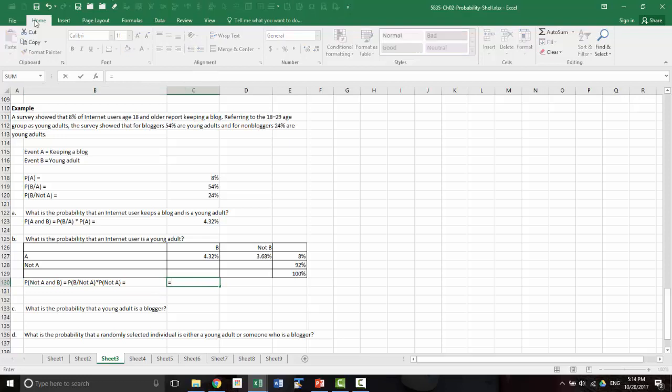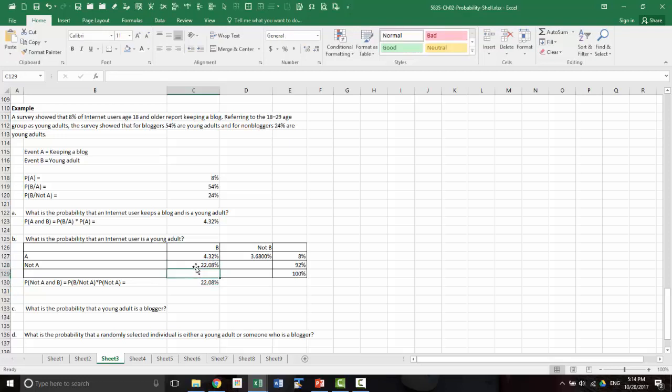So probability of B given not A is there, times probability of not A, we have it right here, or you can do 1 minus that 8%. Let's put a couple of decimal places there. So that's the intersection of B and not A.